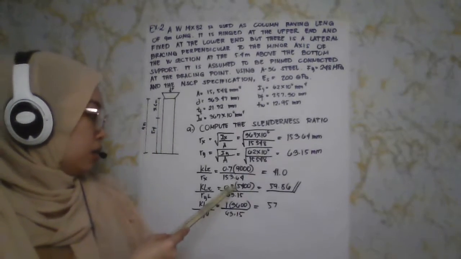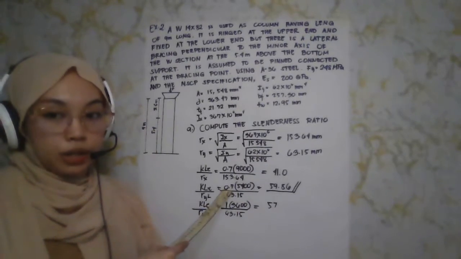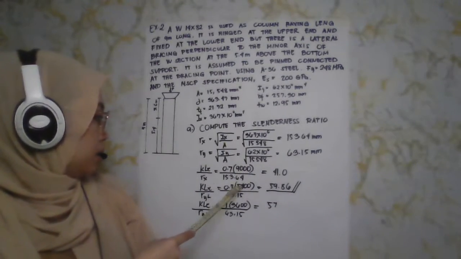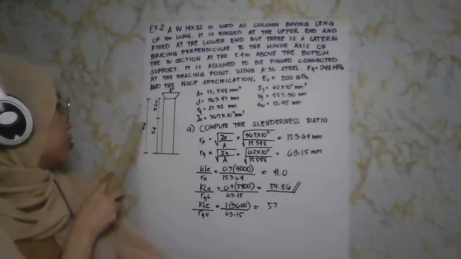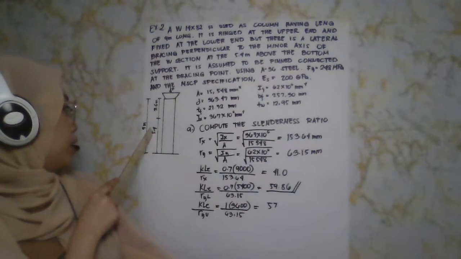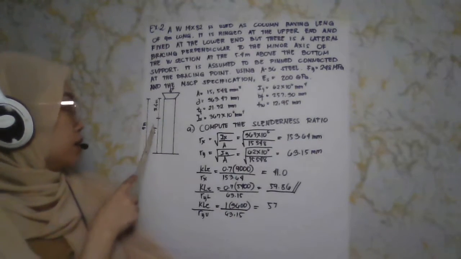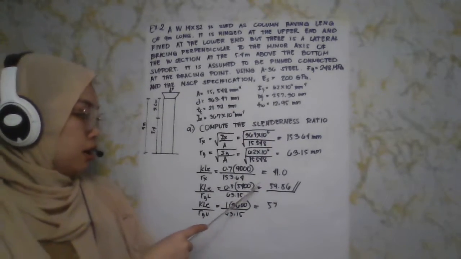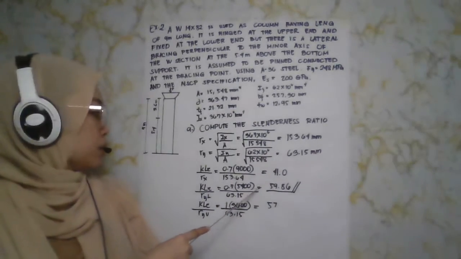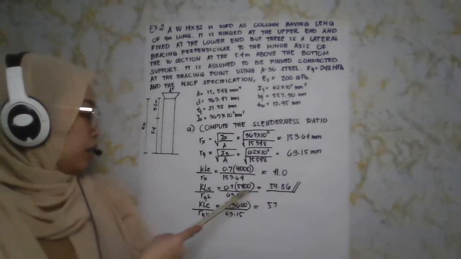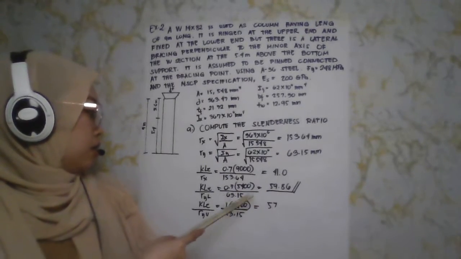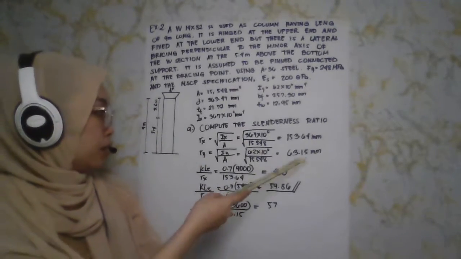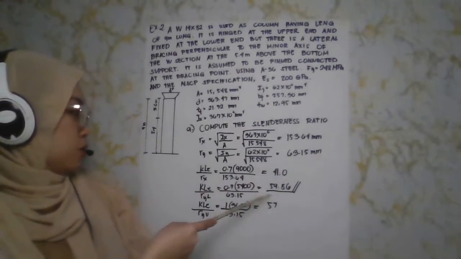So, ang gagamitin dyan ay 0.7. And, multiply lang siya sa effective length. So, magiging 5.4 na siya, kinonvert lang siya sa millimeter. Kaya, naging 5,400. So, over the ry, 63.15.